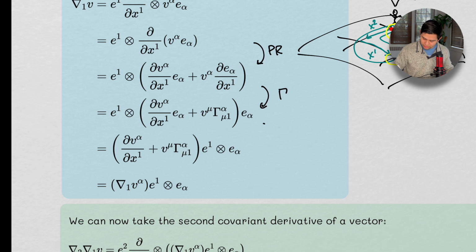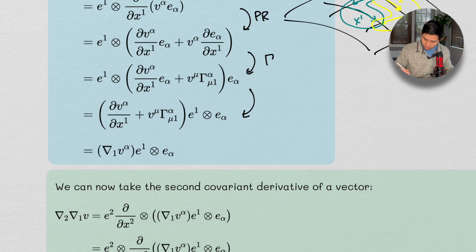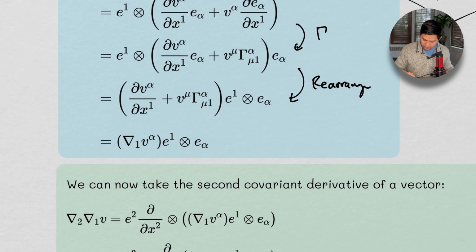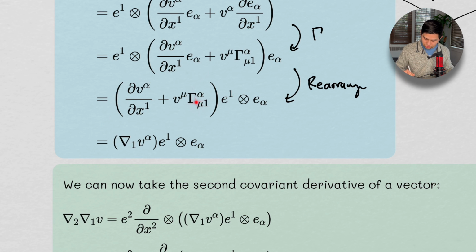And then from here to here, we are really just moving things around. So we'll say rearrange, right? So we're just bringing this guy over here. Okay. And that's how we get to this point right here. This is a 1-1 tensor, right? So that means that these are the components of that tensor. So we encapsulate all this information into this object right here. This is the covariant derivative of the vector, right?